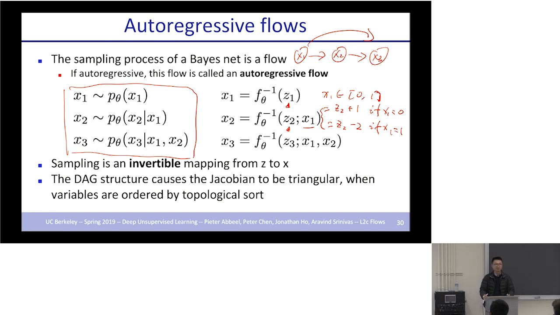So basically, now we have a dependency on x1, because the function that transforms z2 is now dependent on x1.